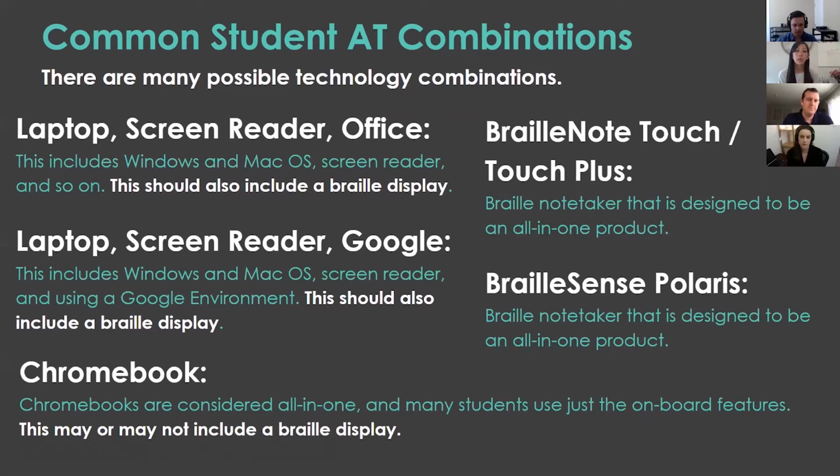The second one, and this is in no particular order, is laptop, screen reader, and Google Apps instead of Microsoft Office. Third, Chromebooks, which I know are very prevalent in the field, or the student might have a Braille Note Touch or a Touch Plus, or a Braille Sense Polaris, and/or any other note taker.